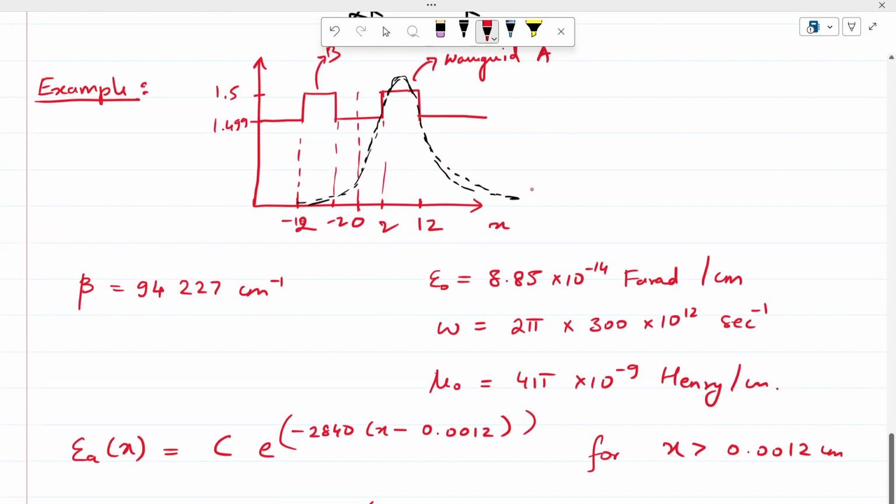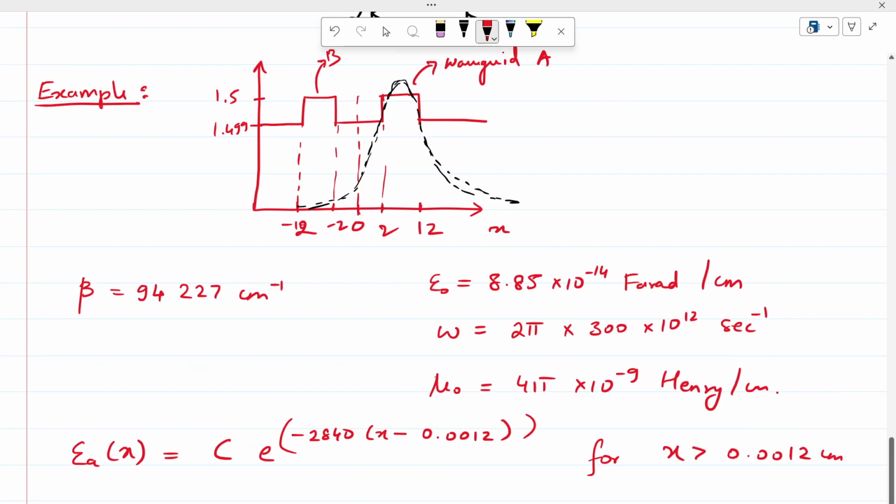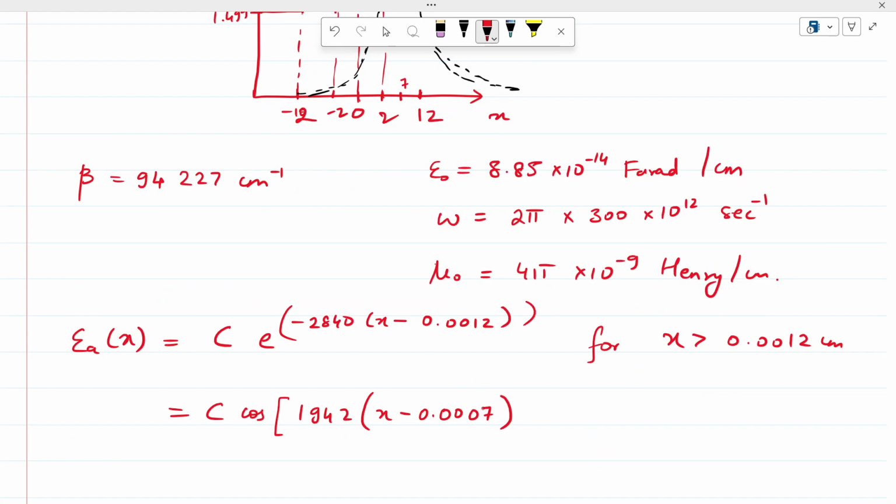If you just look here, this is 2, this is 12, so the center will be at 2 plus 5, that is 7. So that's why we have this 0.0007, upon cos of 1942 into 0.0005.